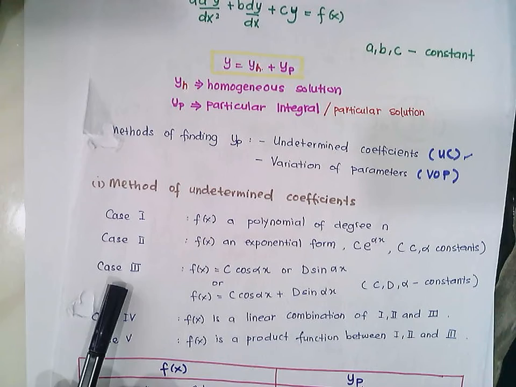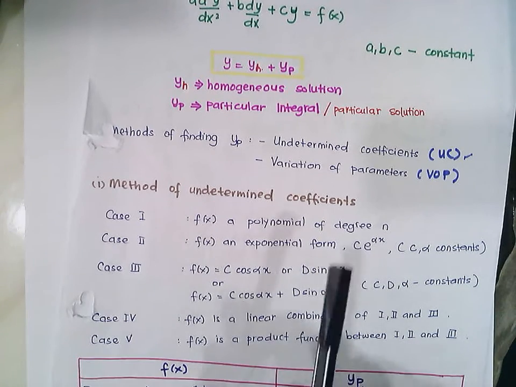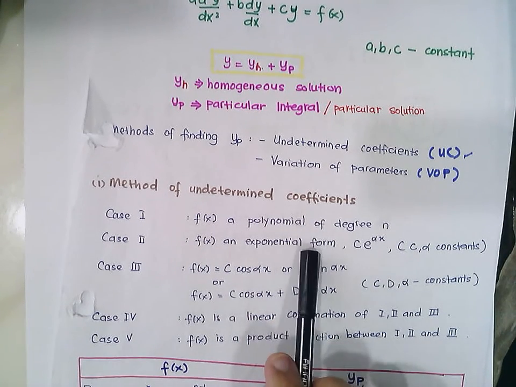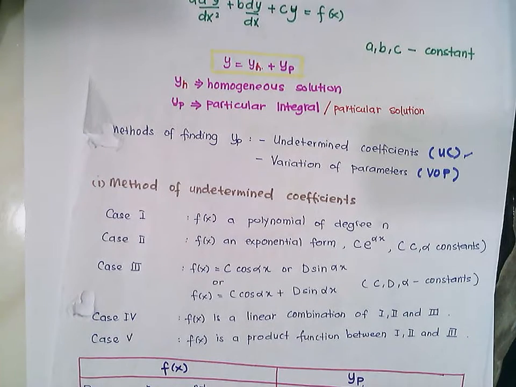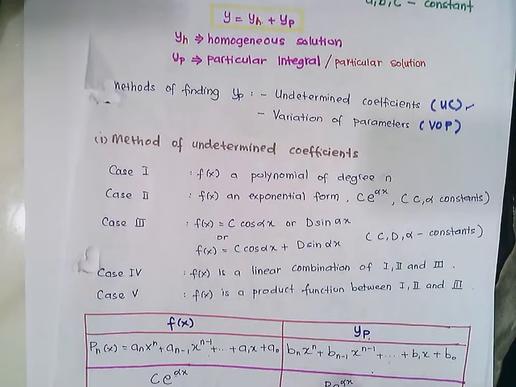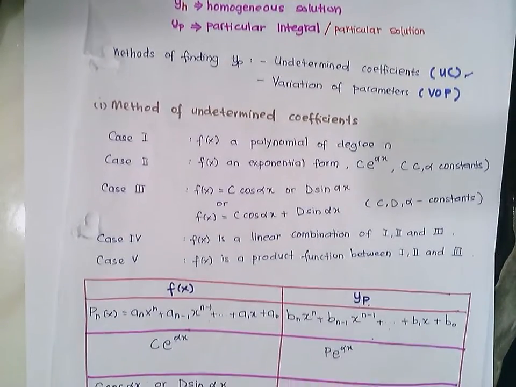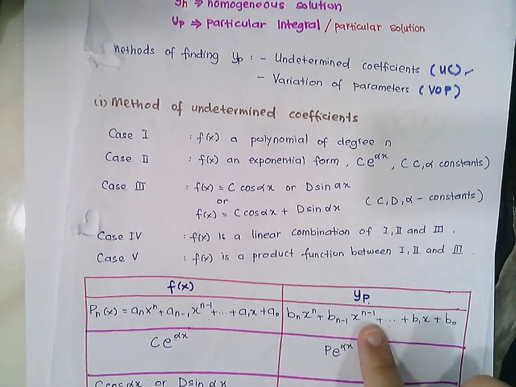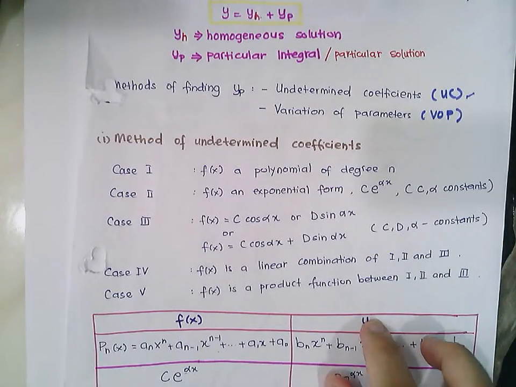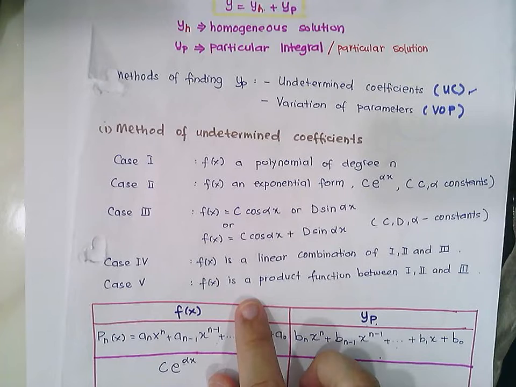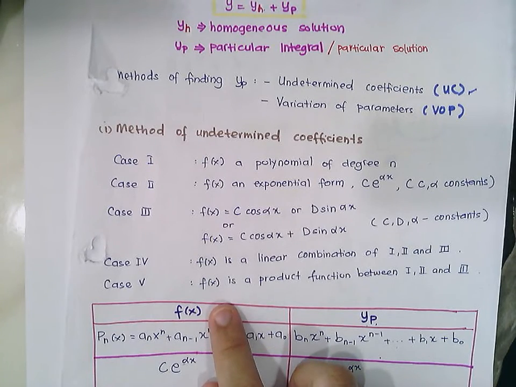So you are involved with fx being a polynomial, exponential, and trigonometric function. How does this method work? This is a trial and error method. We suggest our yp based on your fx, the function given to you.